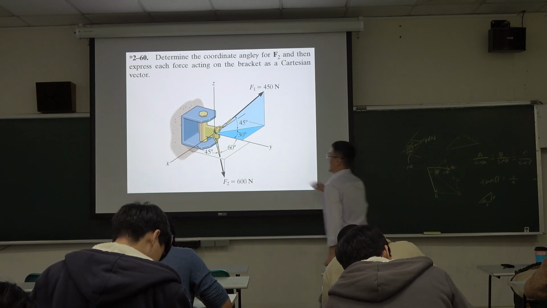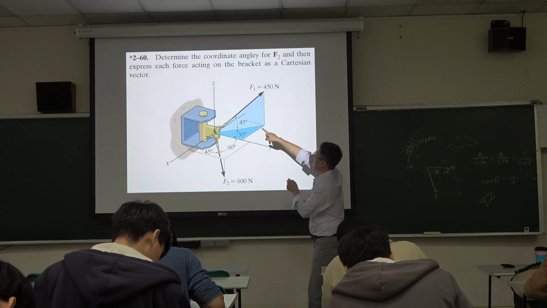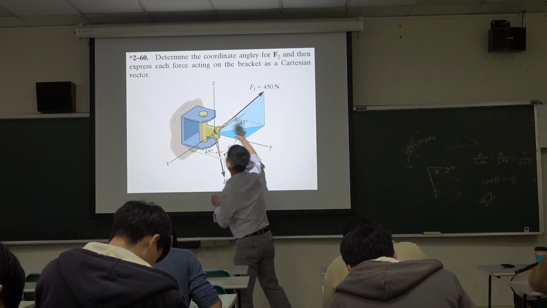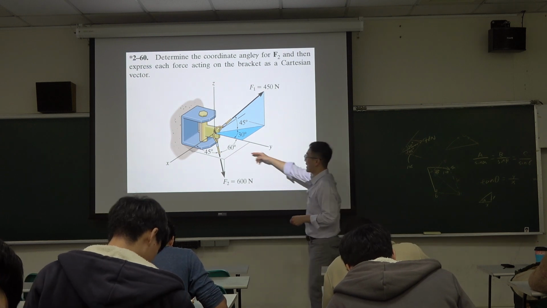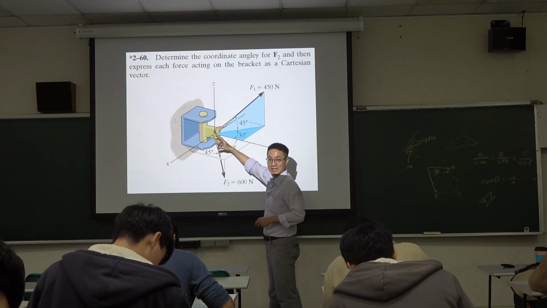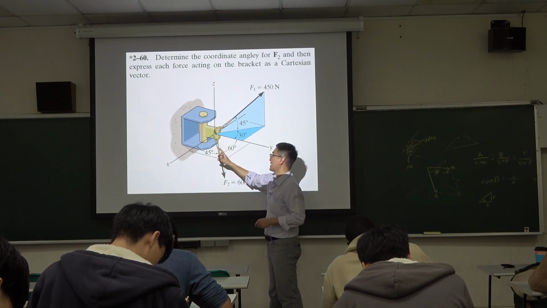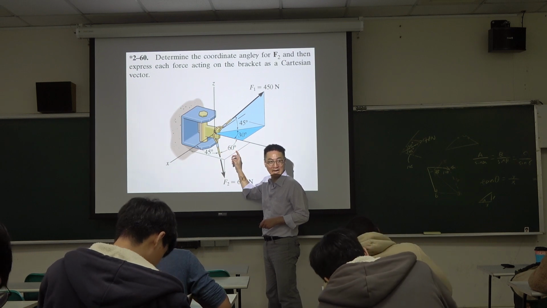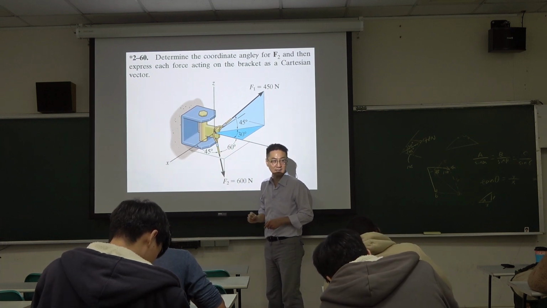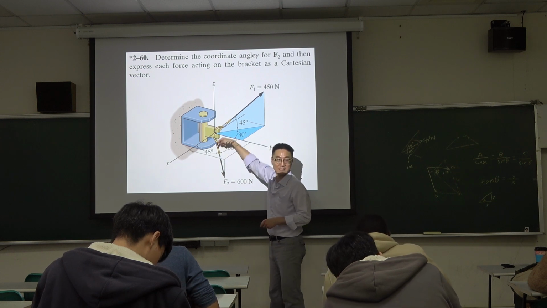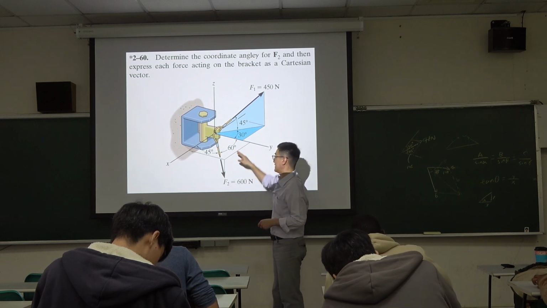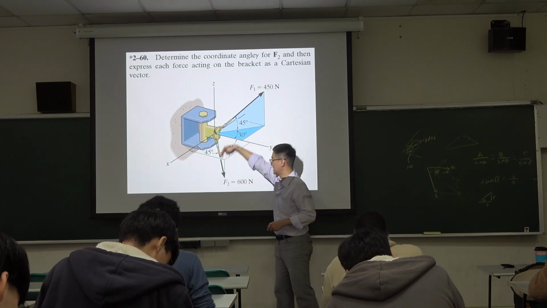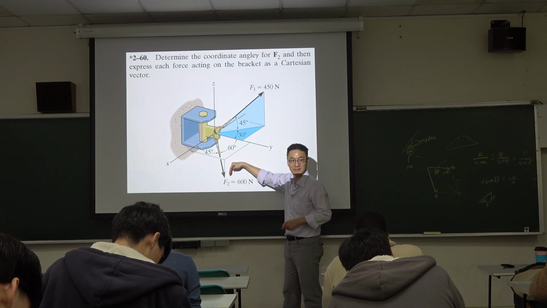Okay, then the second condition is to express the force acting on the bracket as a Cartesian vector. When we already know the gamma angle and cosine alpha, cosine beta, and cosine gamma, they are the unit vector for the force. So we use this value times the unit vector, so we can express F2 using a Cartesian vector.